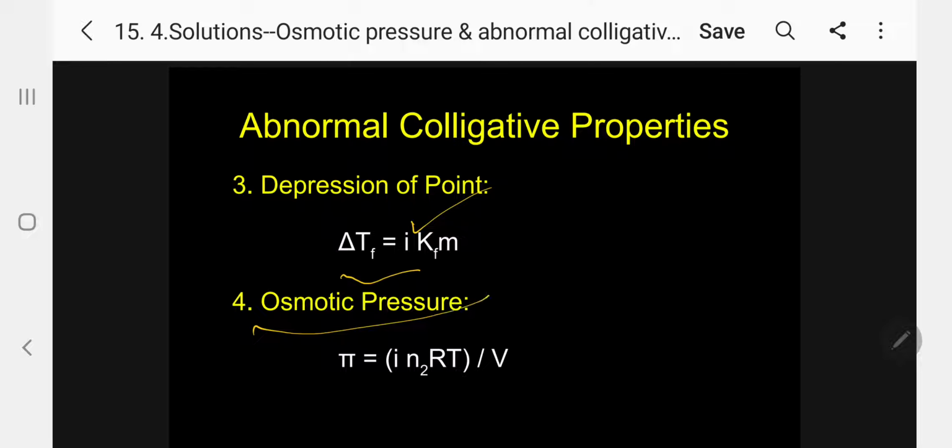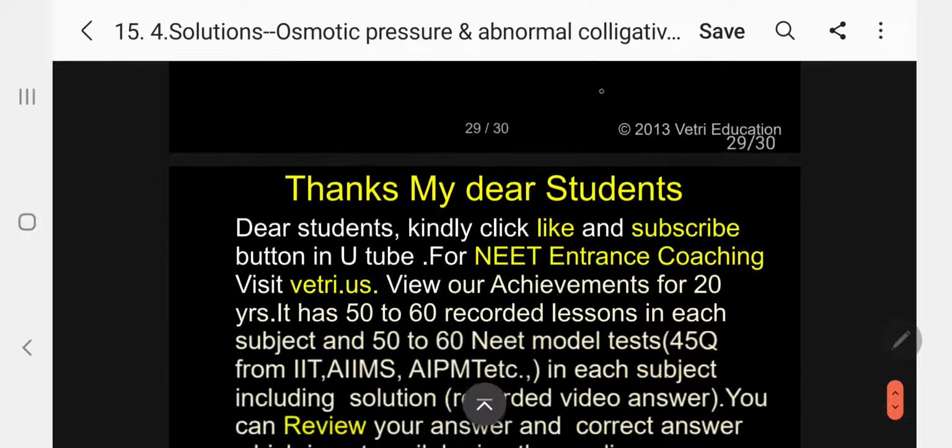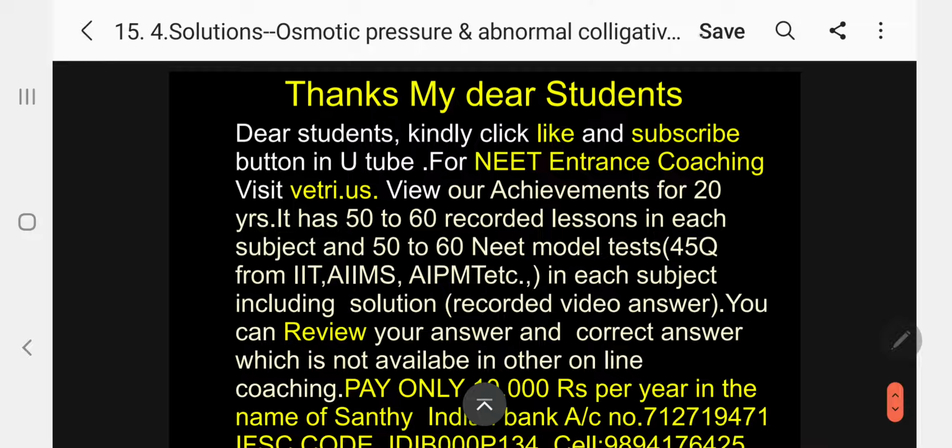In the case of osmotic pressure, pi equals i into n2 R T by V. So simply we are introducing the i value. Depending upon association or dissociation, this will vary, so it will give the correct calculation for all the colligative properties. Please follow. I hope I have completed the fourth topic under this solution.